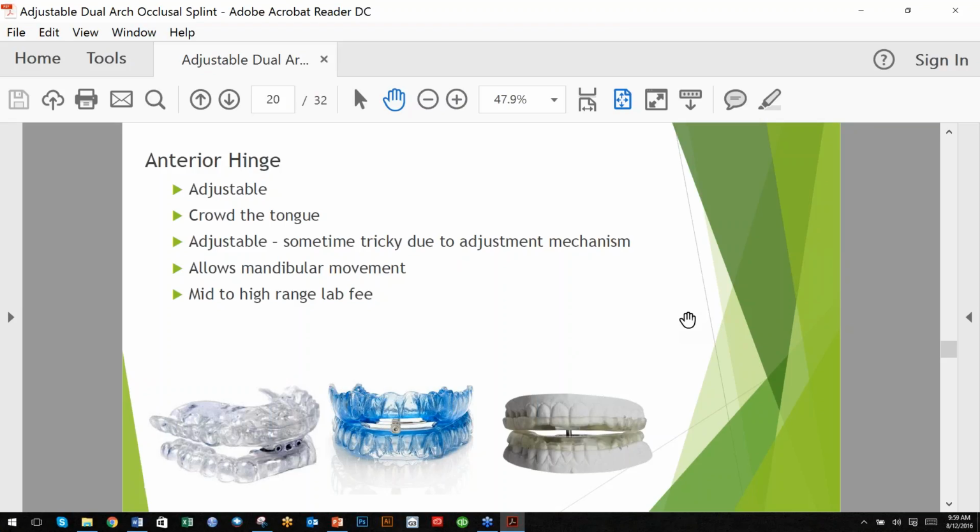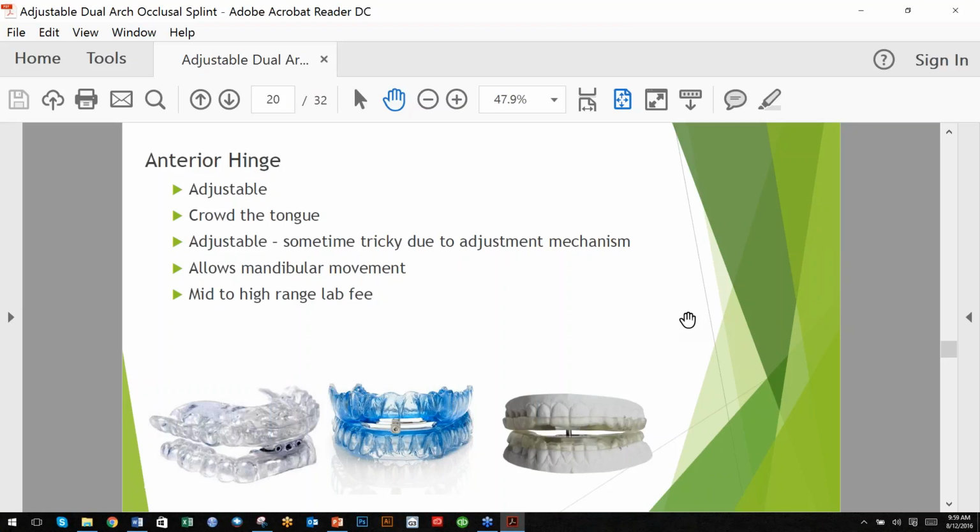And that's fairly expensive. But it's a very strong appliance, and even 25, 30 years later, with all that's gone on in dental sleep medicine, it is still a big player in the appliance world.